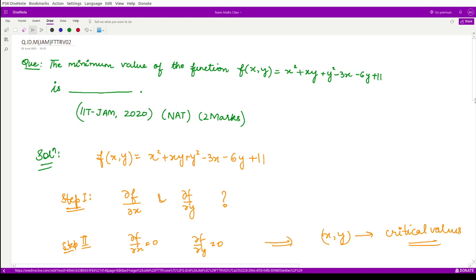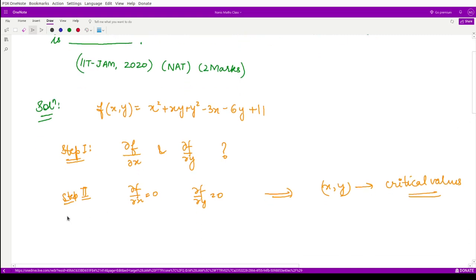Then, at those critical values, in step 3, you will determine the double derivatives. Firstly, the double derivative with respect to x, then the mixed derivative, and then the double derivative with respect to y. You will determine all these values at those critical points.